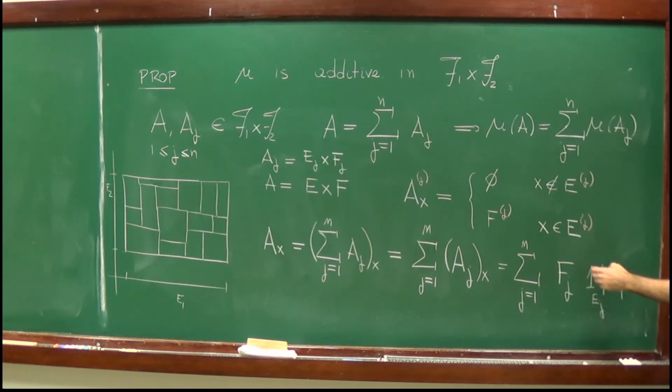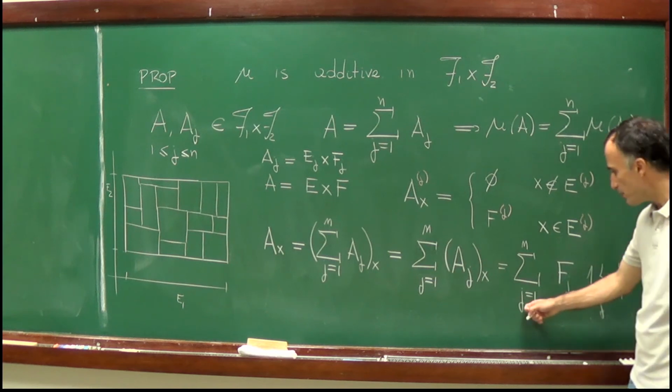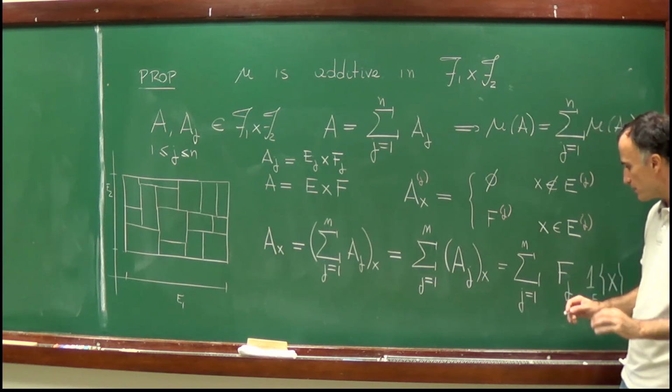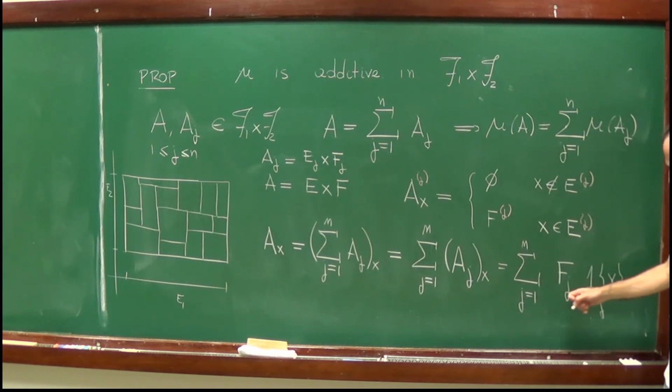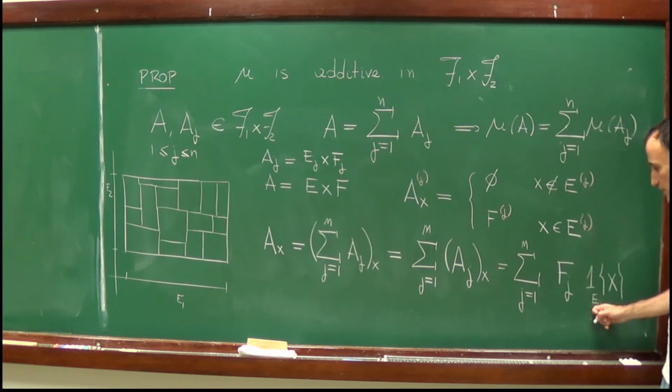Another way of saying that is that x is fixed, so I'm not summing over all j's, but only over all j's for which x is in E_j.